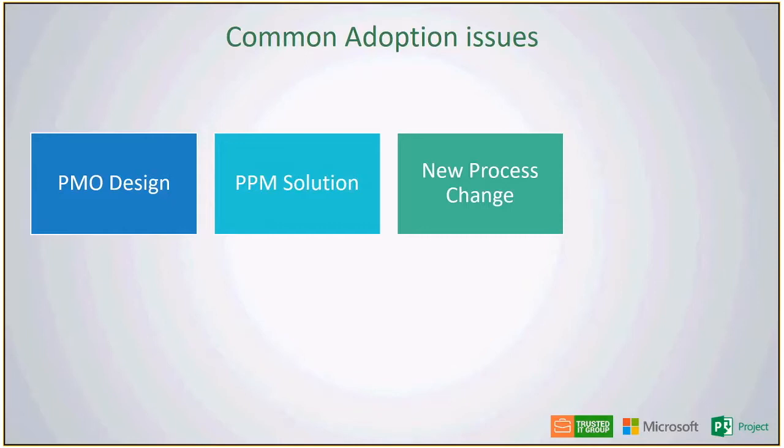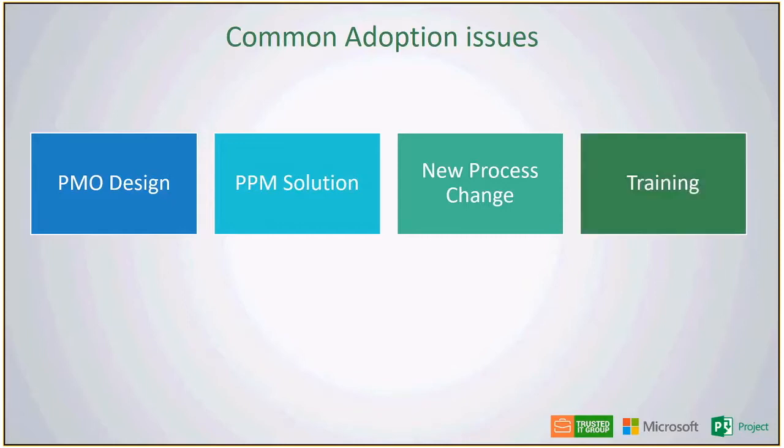So new process change. When you have a new PPM solution, when you have a PMO design, this is all either recent or current process change. So you've got to work on the change management to make sure that the adoption is going to go smoothly and without major bumps down the road.